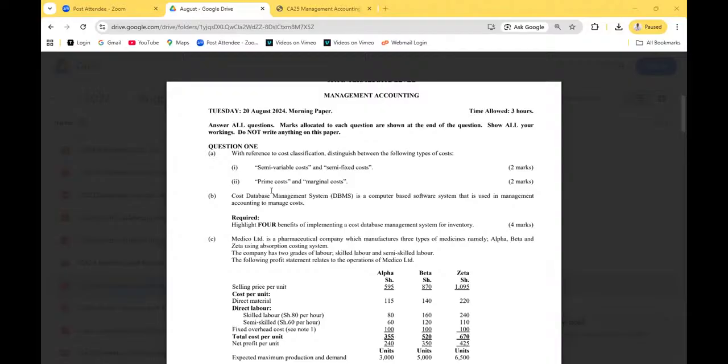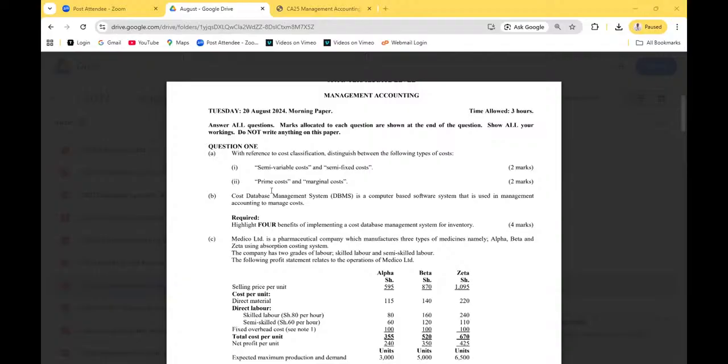Remains fixed up to a certain threshold, which are constant within a certain production band, but eventually increases at some critical point by a constant amount to another fixed level. Actually, in other words, remember the step-up cost. So that can effectively describe what we call the step-up cost.